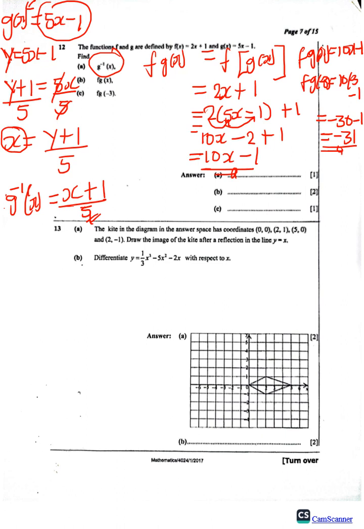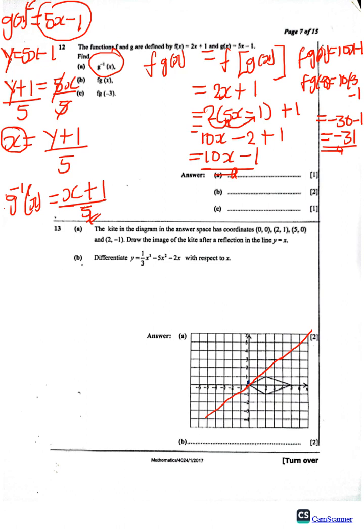The kite in the diagram in the answer space has coordinates (0, 0), (2, 1), (5, 0), and (2, negative 2). Draw the image of the kite after a reflection in the line y is equal to x. So the first step is, let's draw the line y is equal to x. Okay, so this is our line. So now the distance between the image and the object should be equal whenever you're dealing with reflection.